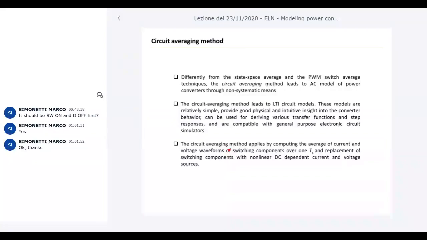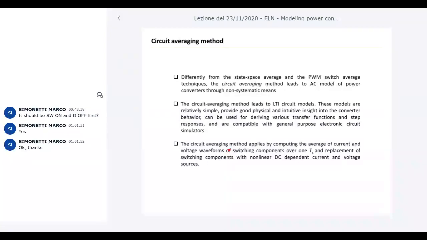This problem was solved in a different way in state space averaging techniques or switch averaging techniques. But anyway, to solve this problem, to move from a time variant environment to a time invariant one, you have to average the electrical quantities in these switches.